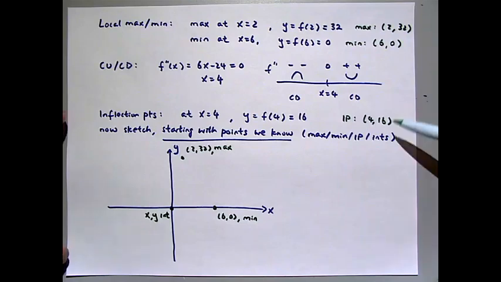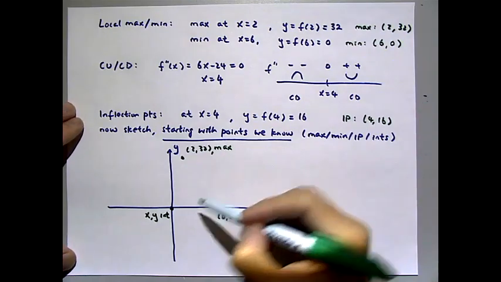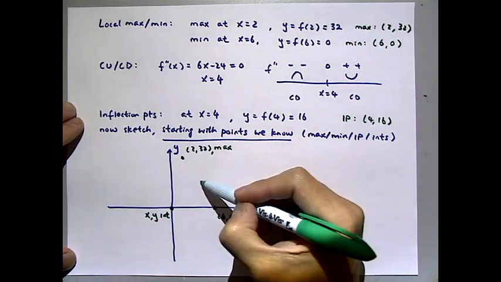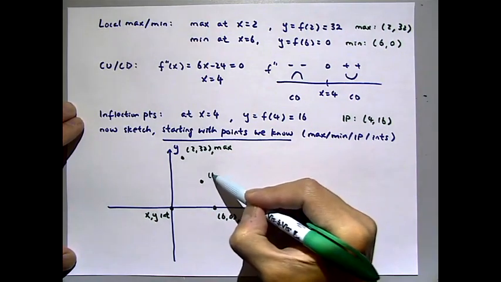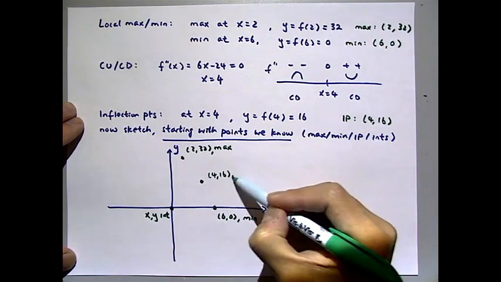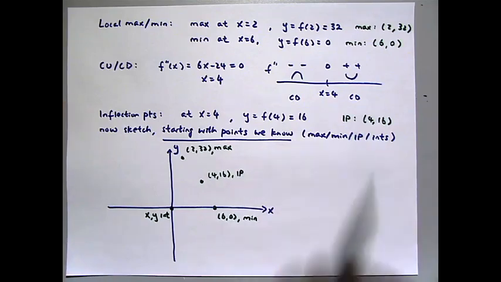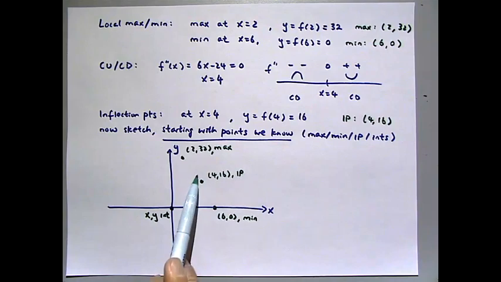One more point, the inflection point, (4, 16), right here. The inflection point is not a local max or min. So things can be higher or lower than that nearby. No problem there.